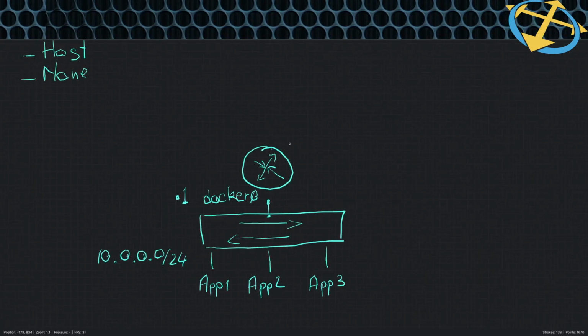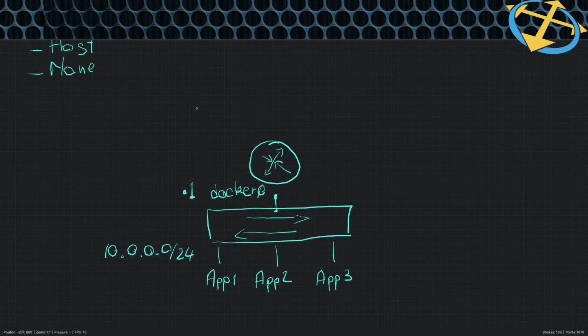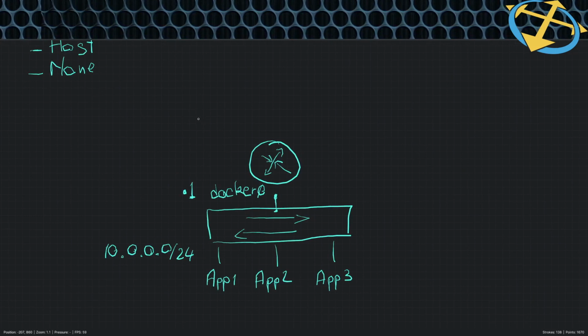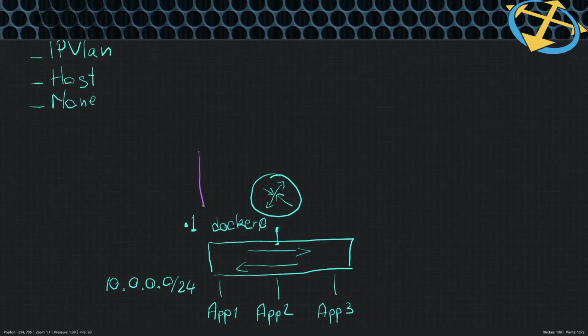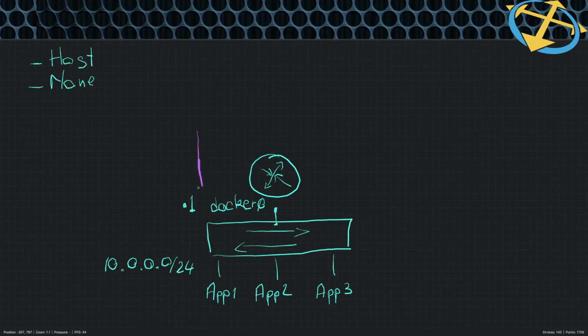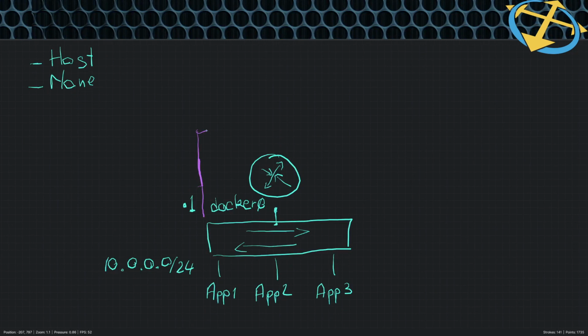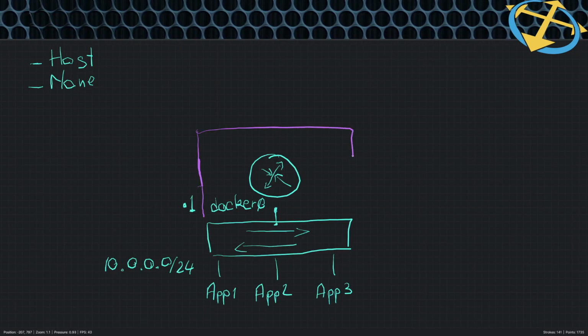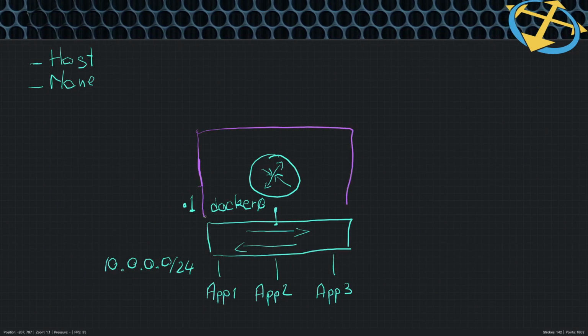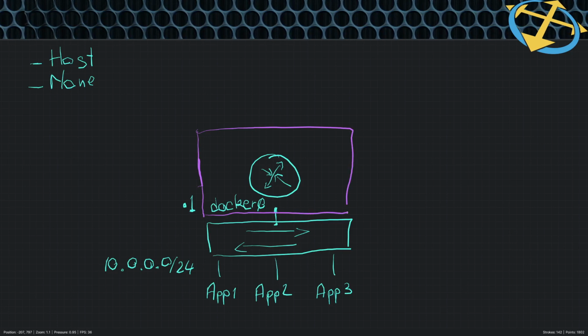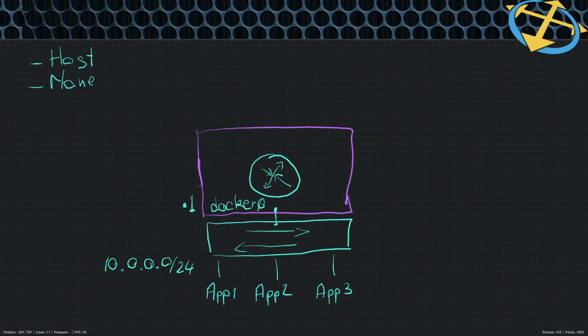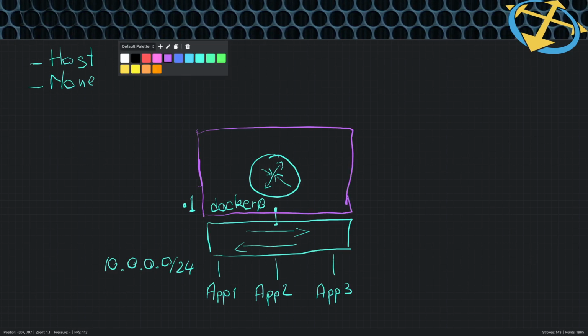So let's go here and say everything that is in this purple square is part of my Docker host, my physical Docker host.